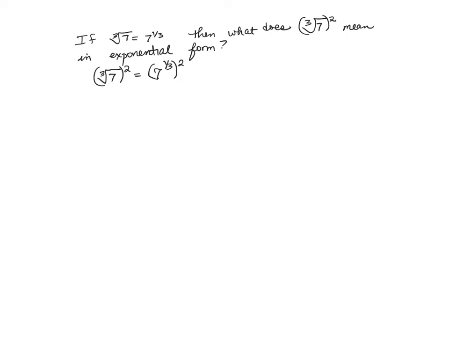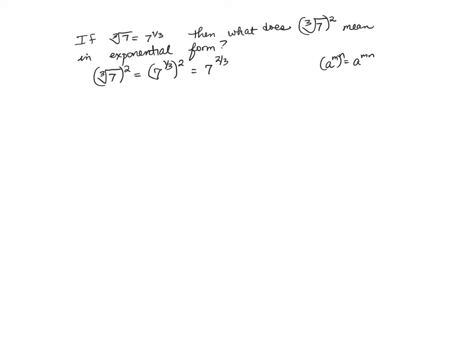And using the rules of exponents, when we have a to the m raised to the nth power, we multiply the exponents. We could write this as 7 to the 2/3.